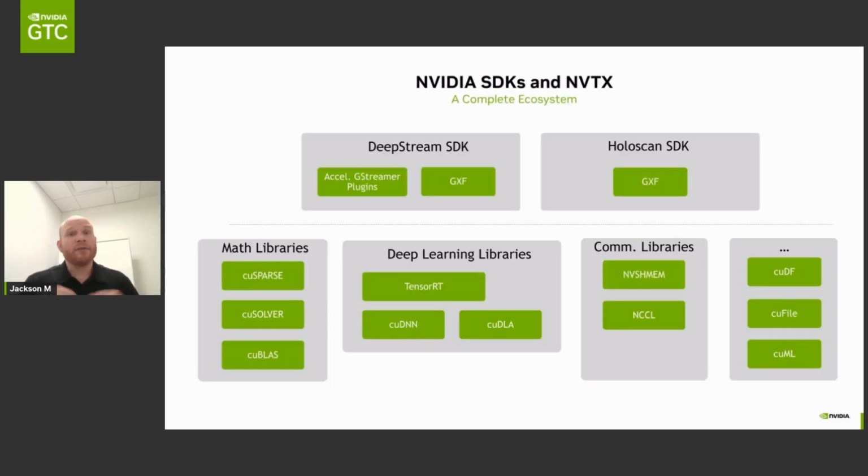NVTX is actually already included in many popular frameworks. So being NVIDIA and having so many different SDKs and software packages, we work closely to make sure that performance analysis of those packages is capable. And one way we do that is by adding NVTX into these frameworks. So if you're using DeepStream or Holoscan, these deep learning libraries or math libraries, NVTX is already in there.